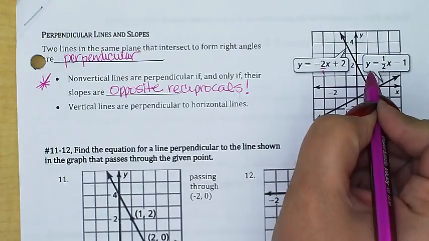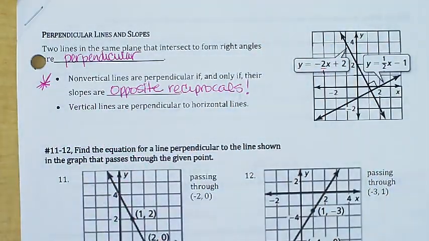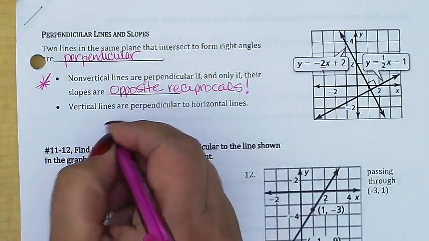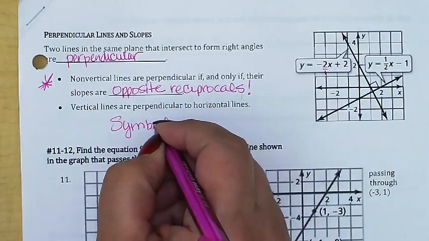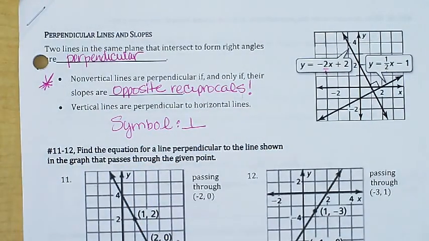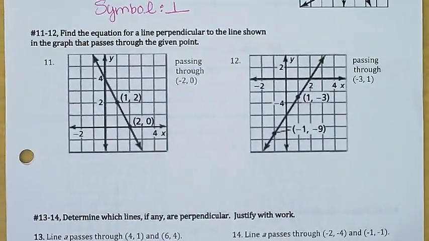Okay, so opposite signs and reciprocal ratios. So rise over run gets flipped. Okay, and when we do that, the symbol looks like an upside down T, basically, capital T.